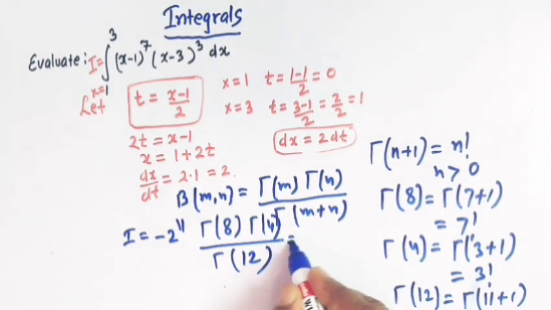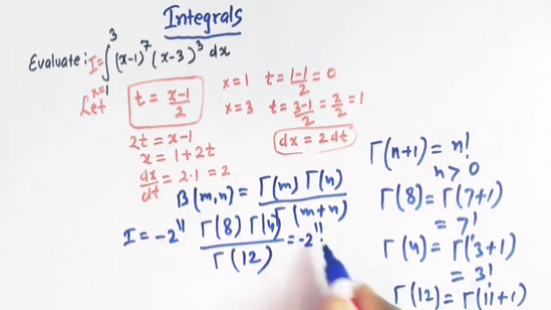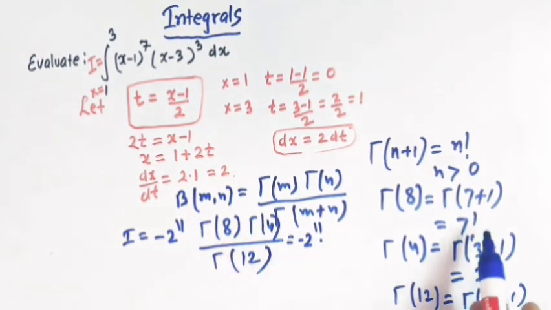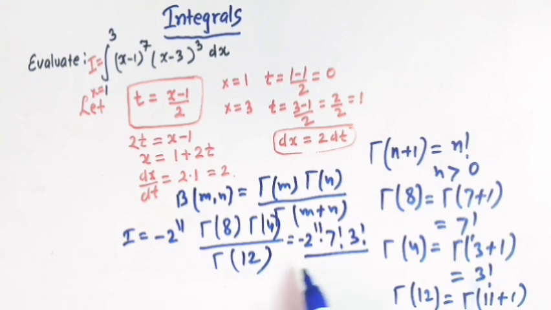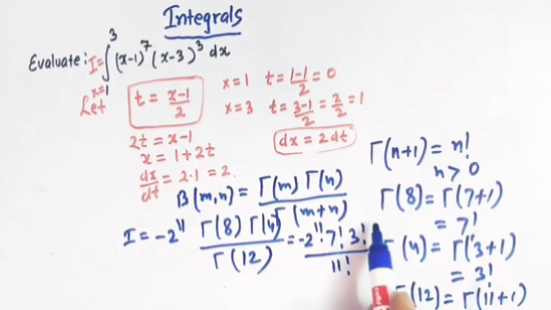So now we have here minus 2 raised to 11, and gamma of 8 is 7 factorial, gamma of 4 is 3 factorial divided by gamma of 12, which is 11 factorial, right? So now we have to calculate the value of this expression.